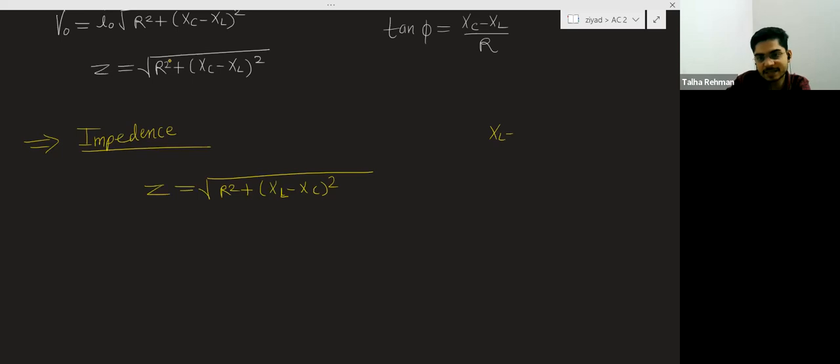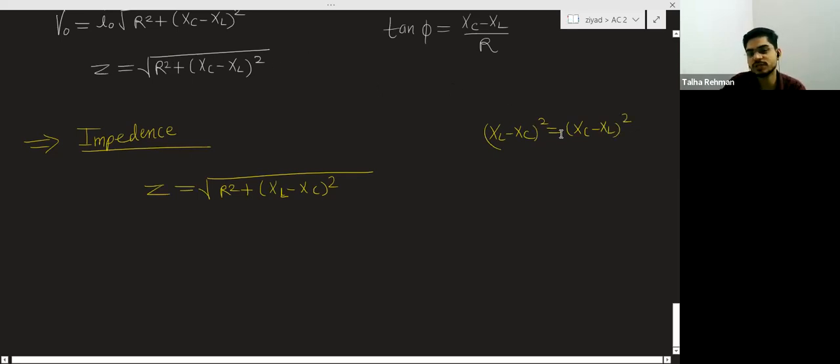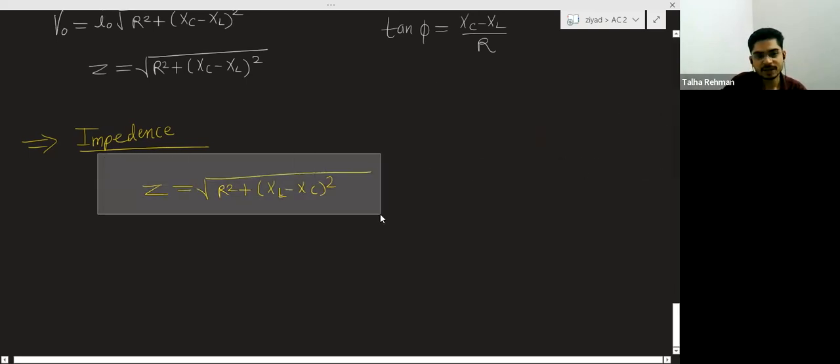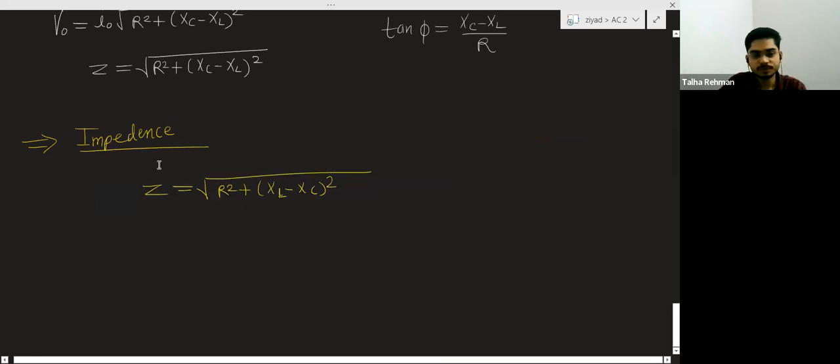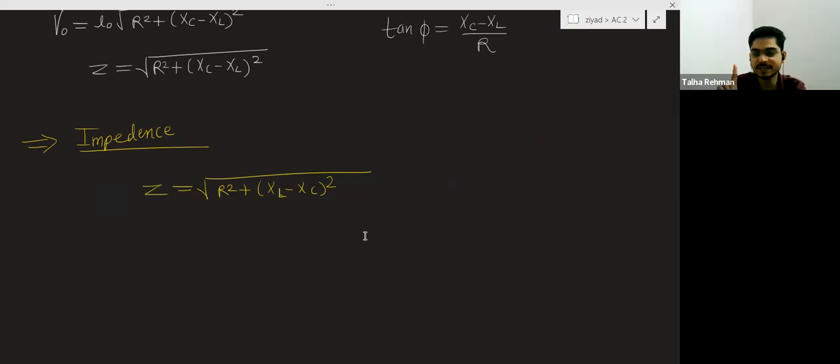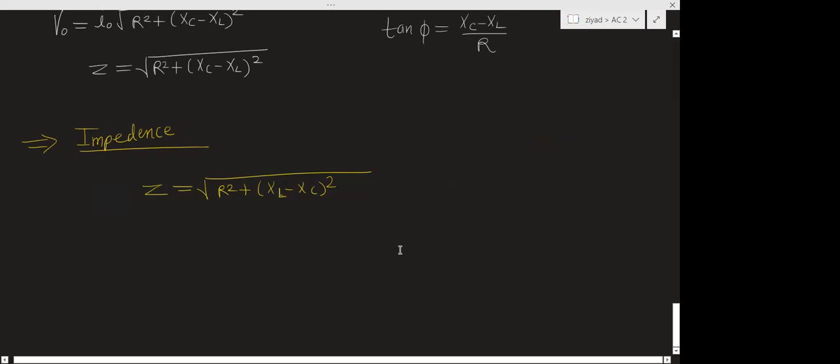Because XL minus XC square is equal to XC minus XL square. Because there is a square, there will be no change. You can write either XL minus XC or XC minus XL; both will be the same. I will suggest you learn the formula XL minus XC square, or you can learn XC minus XL, no problem, but you should learn at least one formula.